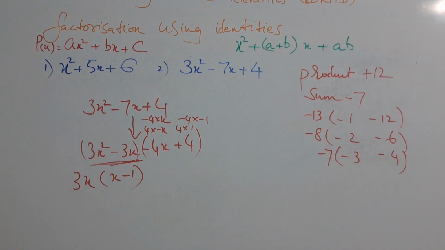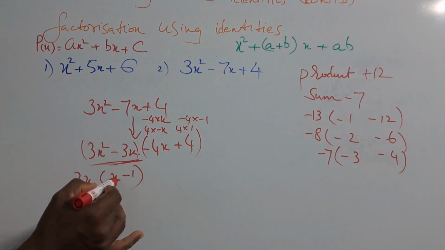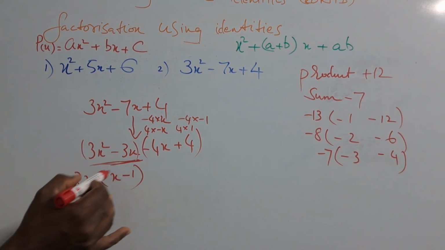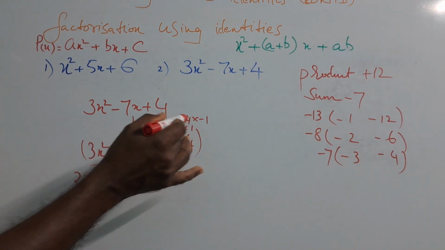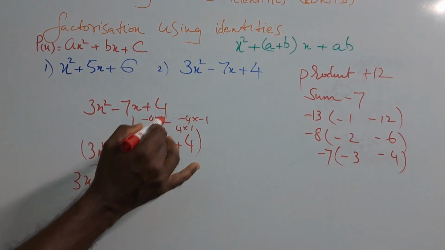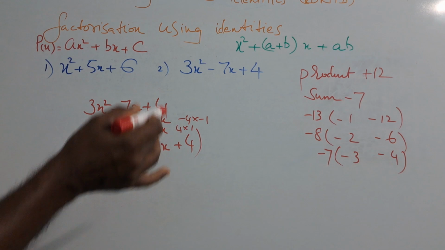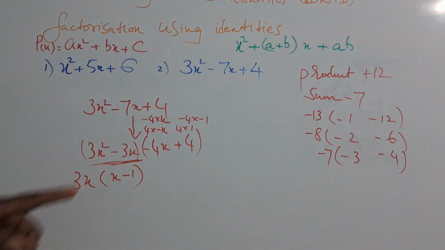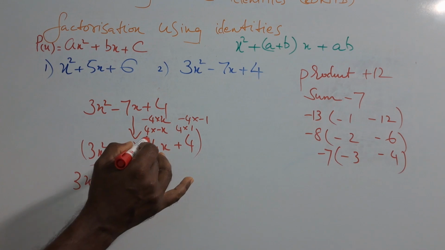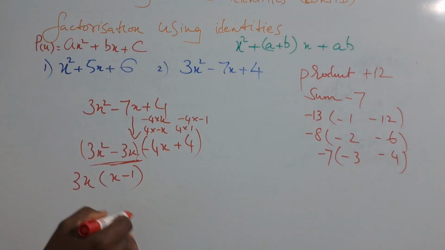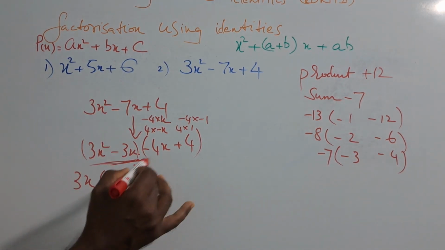Which pair would you pick? Depending on the first common factor, if you take minus 4 out of the bracket, you get x minus 1. If you pick out the plus 4 as common factor, you get minus x plus 1, which doesn't suit this equation.